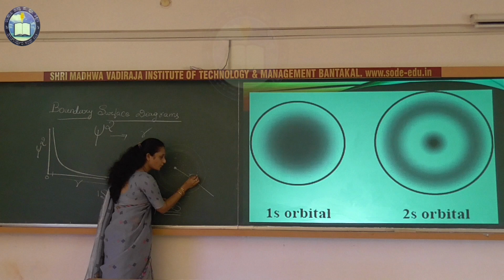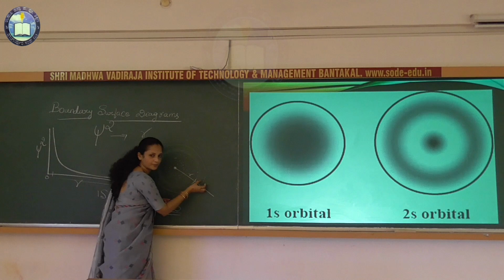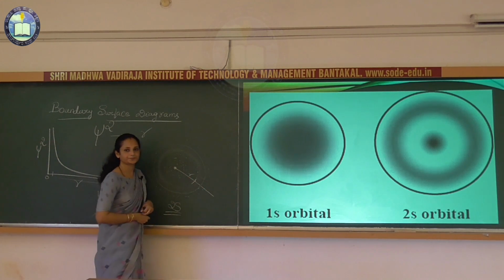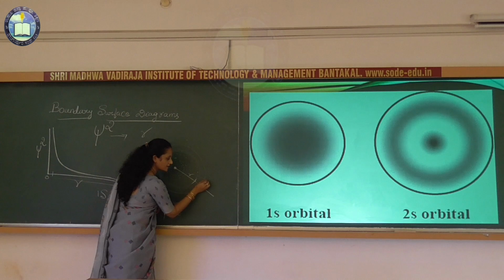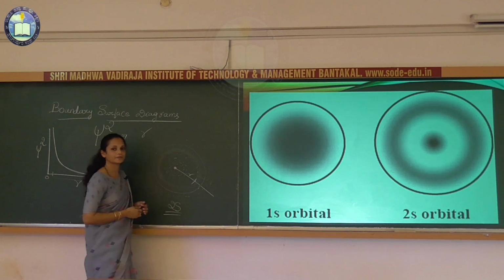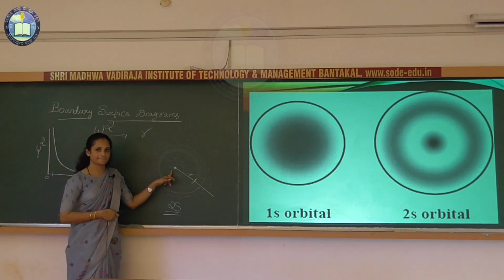Now at one particular region it becomes 0. ಇಲ್ಲಿ electron density 0. ಈ particular region ಅನ್ನು ತಗೊಂಡ್ರೆ ಗ್ಯಾಪ್ ಕಾಣ್ಬೋದು ನೀವು, it is 0. Then again it increases, then again decreases.